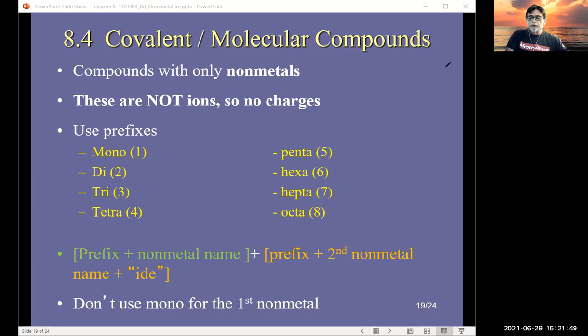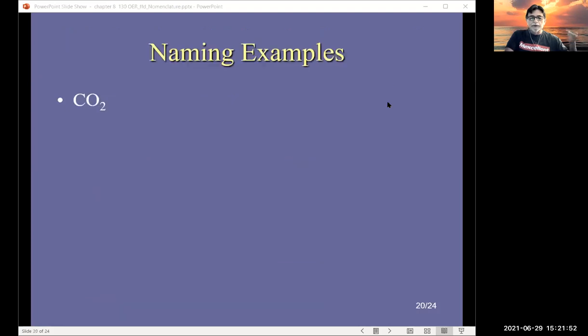Okay, so let's move on to this one here. We know this is pretty common. Carbon, we got two oxygens. Oxygens become oxide. There's two of them, so it becomes dioxide. So I use that example. Carbon, only one oxygen.